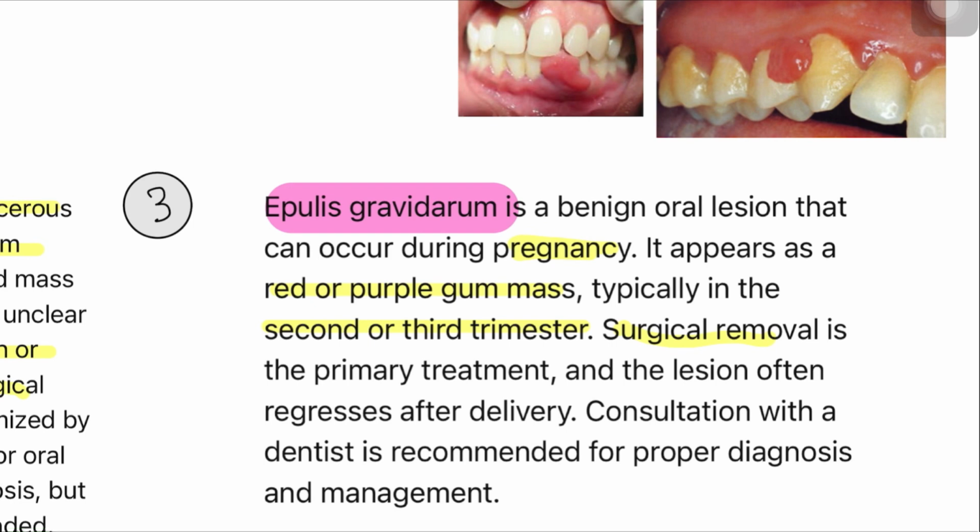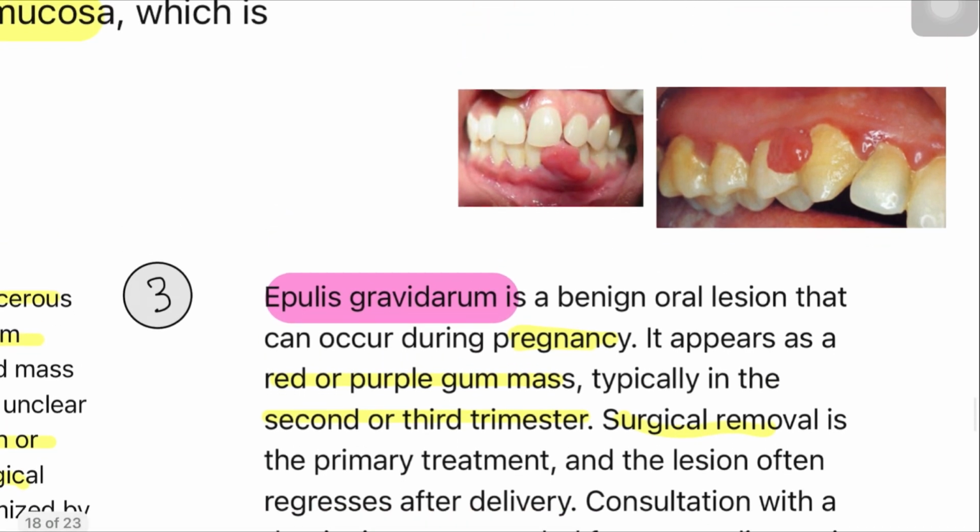It's because of the hormonal changes, the ups and downs of different types of hormones in pregnancy. Usually they just do the surgical removal, and they say that the lesion regresses after the delivery. And yeah, as you can see here in the pictures.